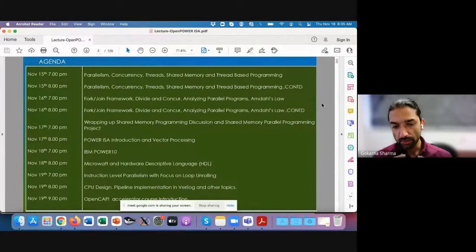So you need bandwidth as well as that kind of support. We'll talk about that. And if we have time, we'll go into a software implementation, Microwatt, but we'll see how far we reach there. Otherwise, we'll continue from there.